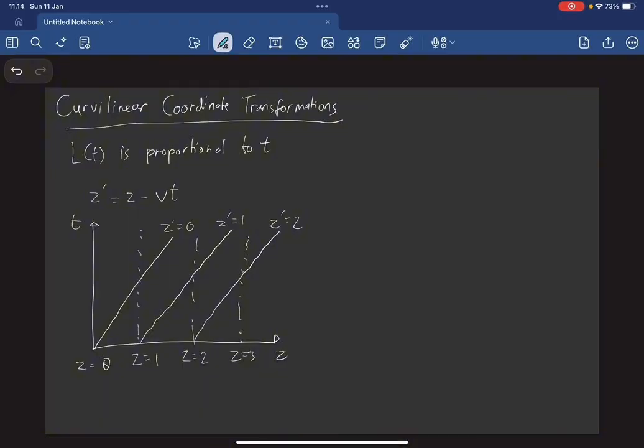This is called a linear coordinate transformation between the two frames of reference. So if you look here, the coordinates Z prime, T prime are represented in the basic coordinates Z and T. An event is a point on the page, it has one set of coordinates in the Z T frame and another set in the Z prime T prime frame. Here the transformation is simple and linear.